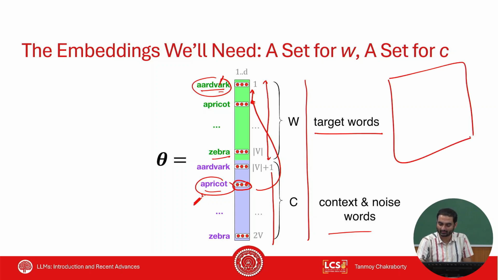If you look at the embedding space, let's say these dots indicate different embeddings in the vector space. This is the target of aardvark, and this is the context of apricot. Over the iterations, these two move closer and closer, and the negative instances move further and further.